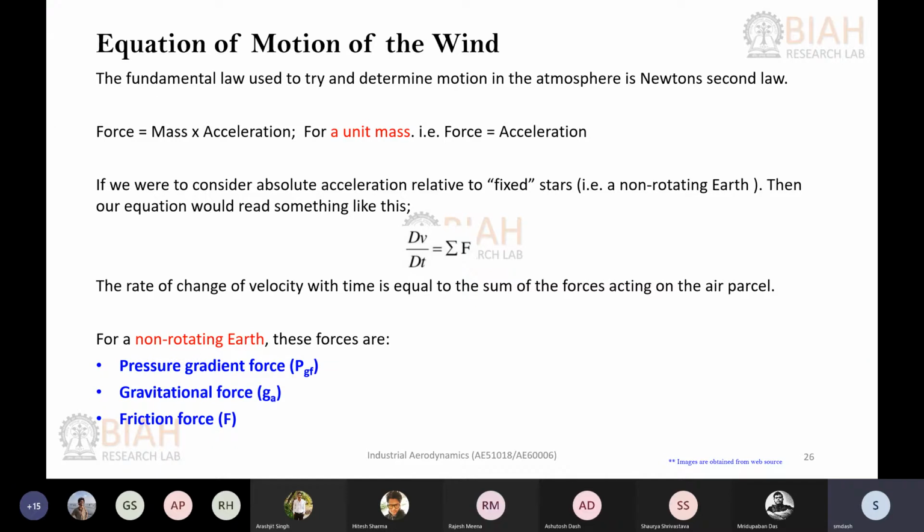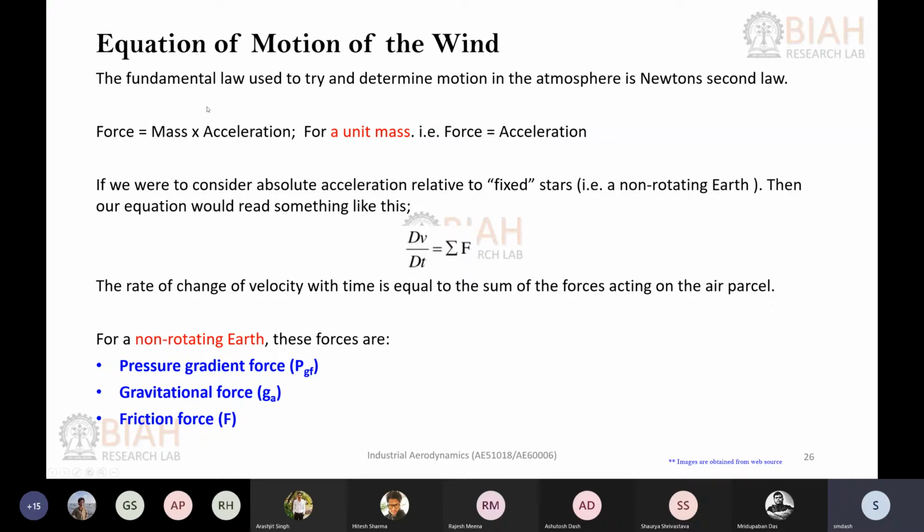Now it is important for us to see the equation of motion, as everything we try to formulate in terms of some equation. So here we will start with the equation of motion of the wind. You all know that you can use Newton's second law of motion, which indicates that force equals mass times acceleration.